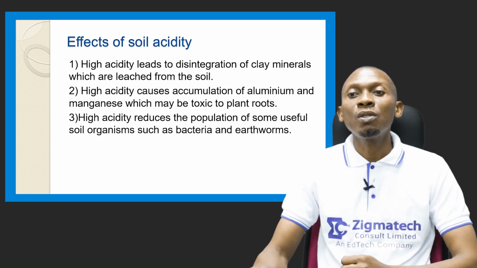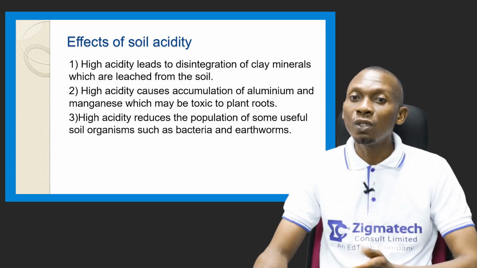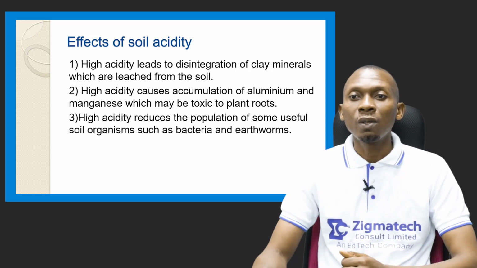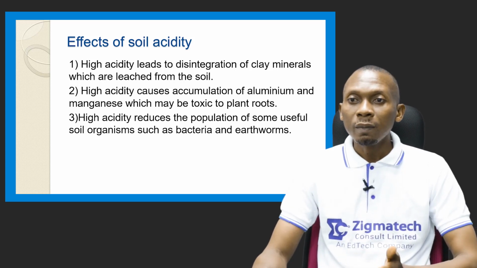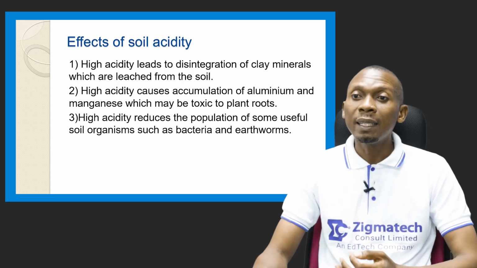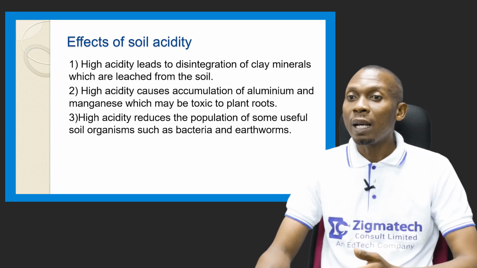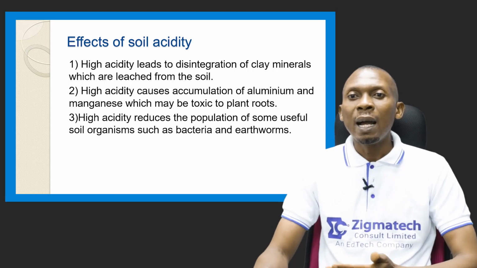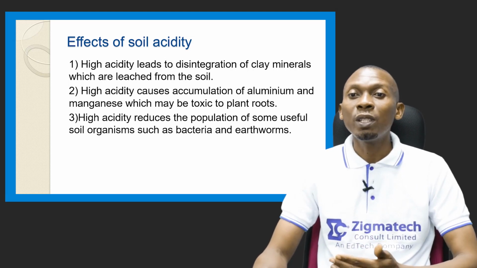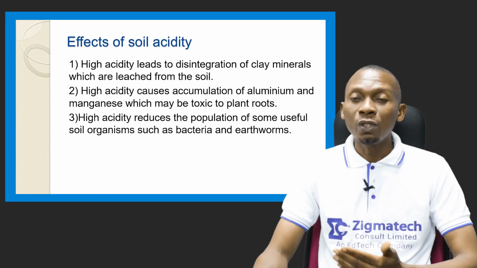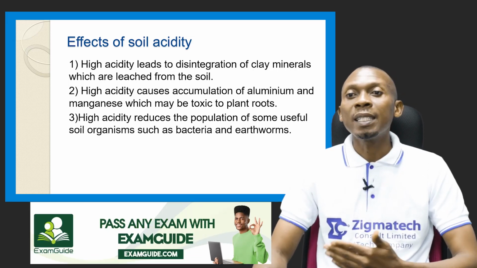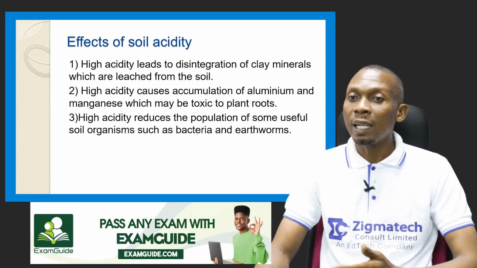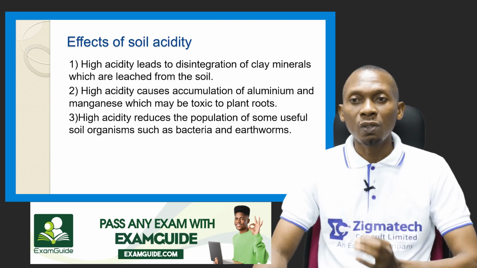High acidity can also reduce the population of some useful soil organisms. Remember, there are some bacteria that are good that are located in the soil. Earthworms too are also located in the soil. And when the soil is highly acidic, the population of such organisms is reduced. Remember, bacteria is needed for fixing atmospheric nitrogen into the soil.